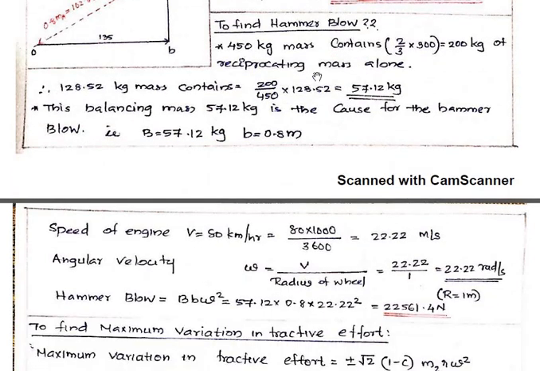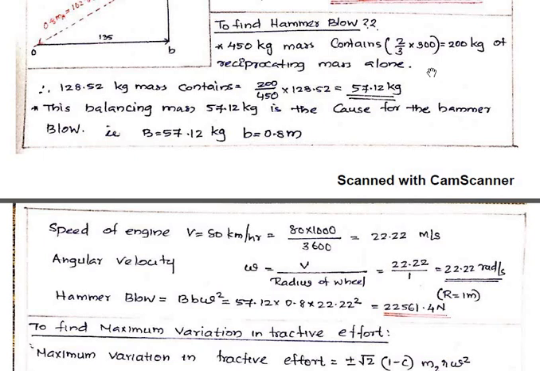Now we will find the hammer blow, but here there is an important point: the 450 kilogram mass contains 2 by 3rd of 300. That is 200 kilogram of reciprocating mass alone. For the hammer blow, we take only the part which acts as reciprocating mass, so take 2 by 3rd of 300, that is 200 kilogram.